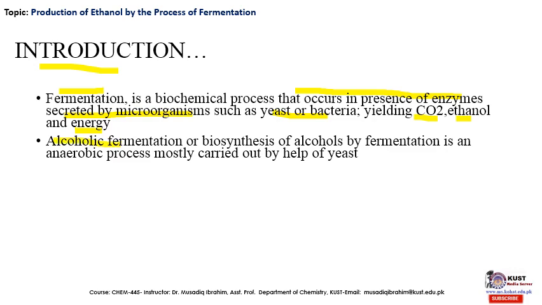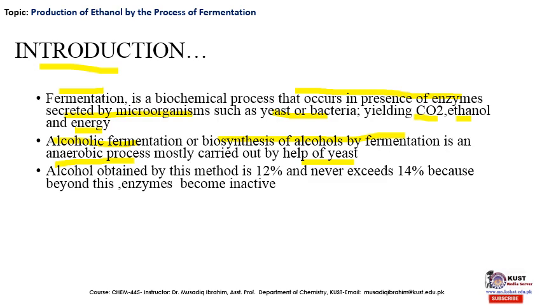Alcoholic fermentation, or biosynthesis of alcohols by fermentation, is basically an anaerobic process, mostly carried out in the presence of yeast. So you can see that yeast has a very important role in the biosynthesis of ethanol by the process of fermentation.